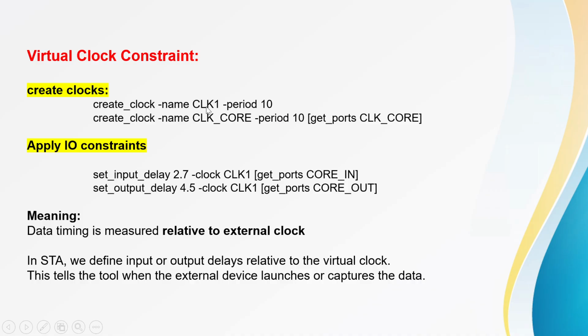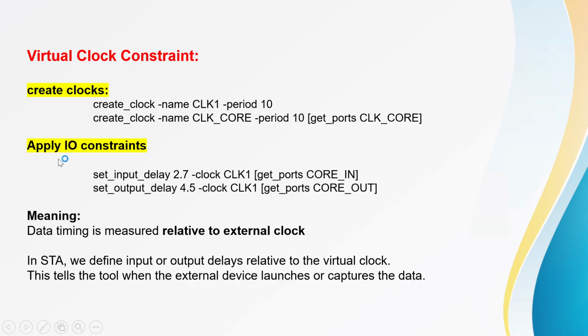So clock1 is the capture and launch clock, and the internal clock is clock core. For input delay, the launch clock is the external clock and the capture clock is the internal clock of the block. For output delay, the launch clock is the internal clock and the capture clock is the external clock.